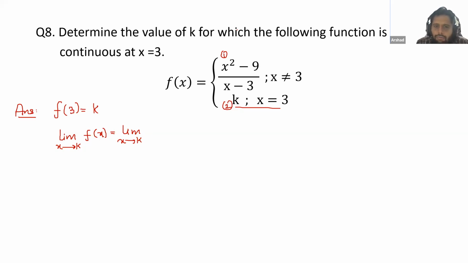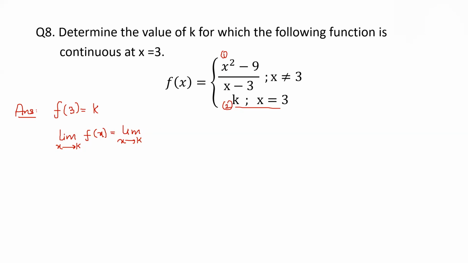I'm saying that we have to find the limit here. Okay. So can you tell me which function we will choose? Which function will we choose if we need to find this limit? Second, okay. Noma, can you tell me which function we will choose?